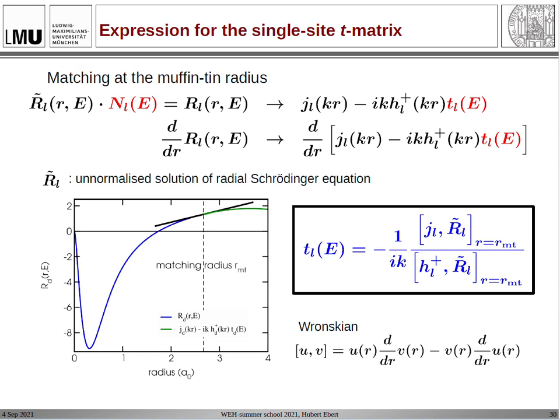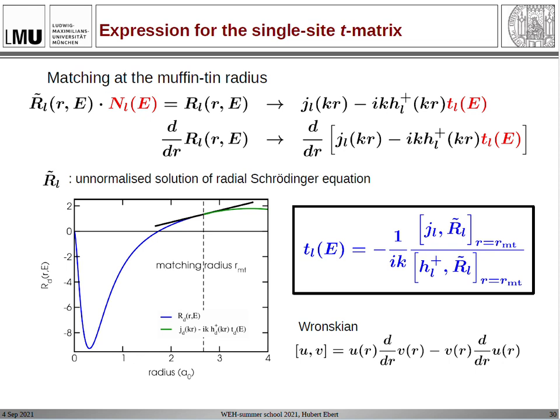So we have two boundary conditions to find the unknowns, namely the normalization factor and the T matrix, and this leads at the end to that expression you have seen before, the T matrix in terms of a Wronskian of the radial function with respect to the J and the radial function with respect to the H.